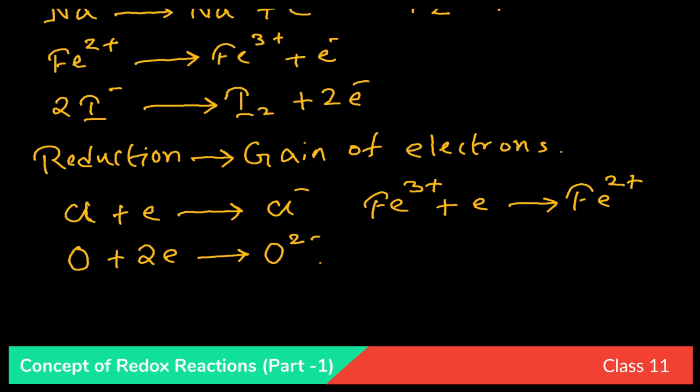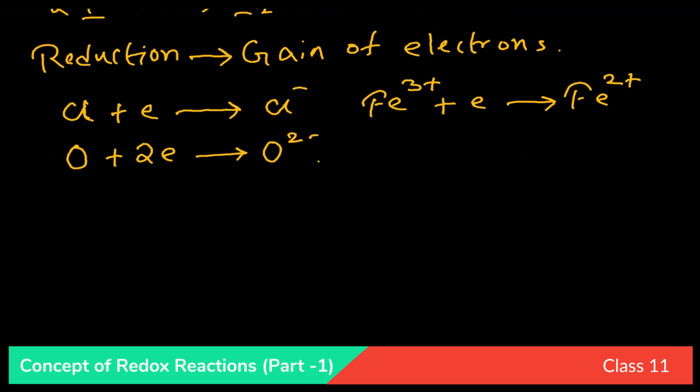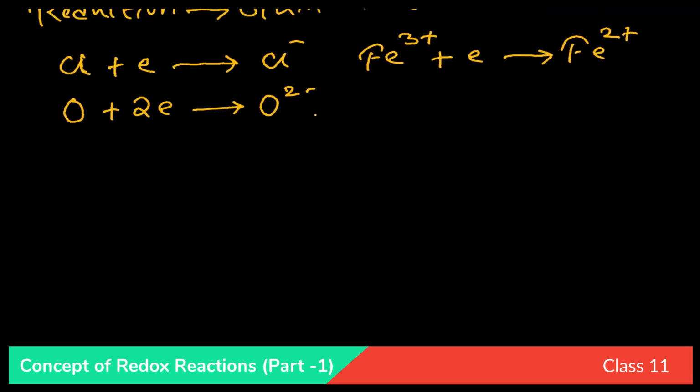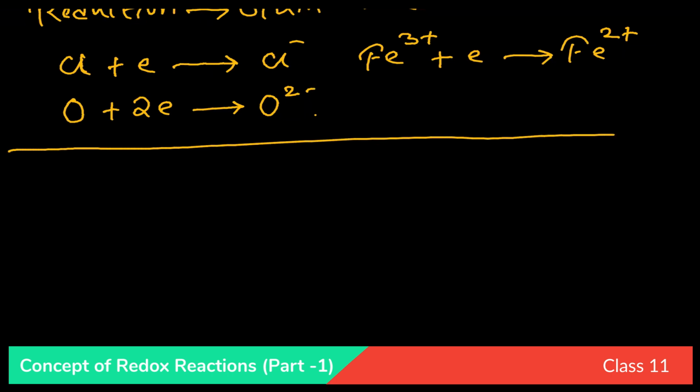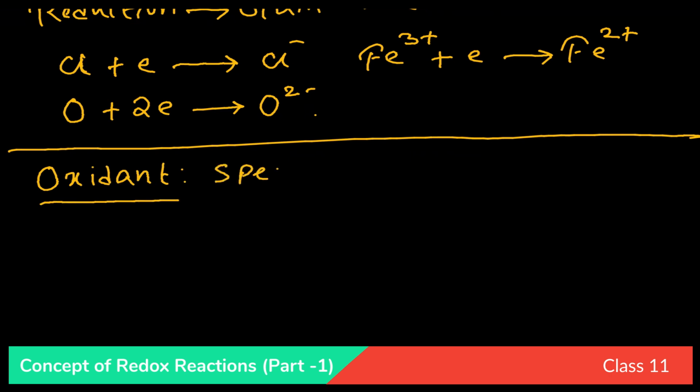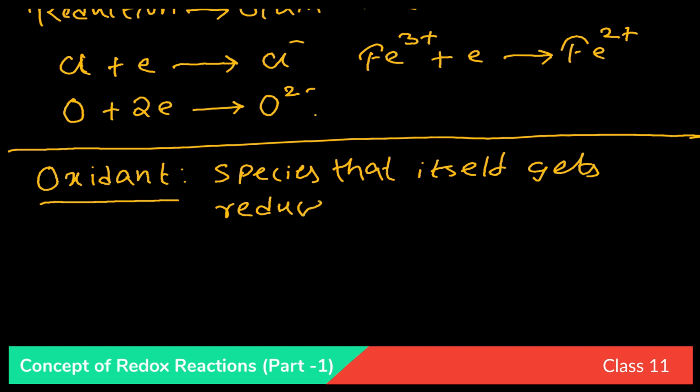Okay. Now, talking about this electronic concept, there are two very familiar terms that we have learned in our junior classes. Let's revise them once more. The first term is oxidant. Now what do you mean by this term oxidant? Oxidants are the species that themselves get reduced and oxidize others.